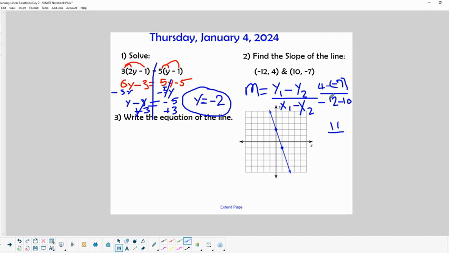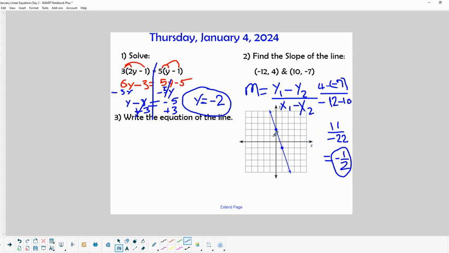And then on the bottom, negative 12 minus 10 would be negative 22. And if you think about that, 11 will go into 22 2 times. So this is just going to be simplified to negative 1 over 2. That's just a creative way of saying negative 1/2. So that would be the slope.